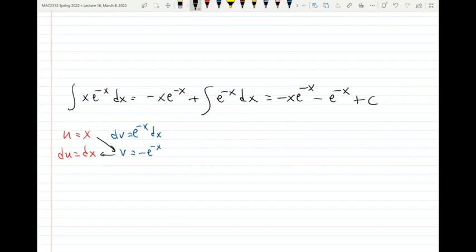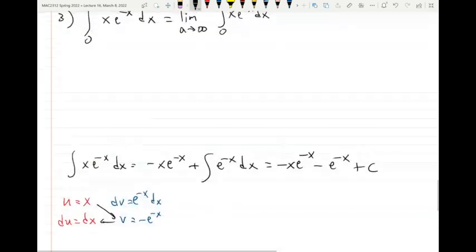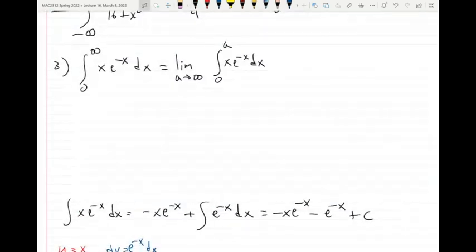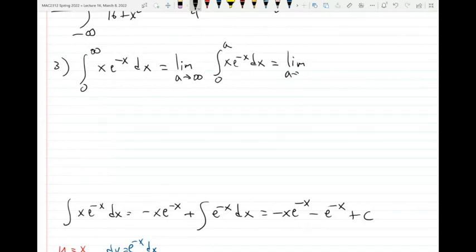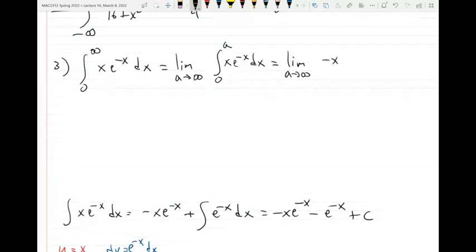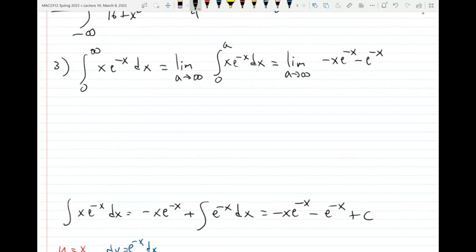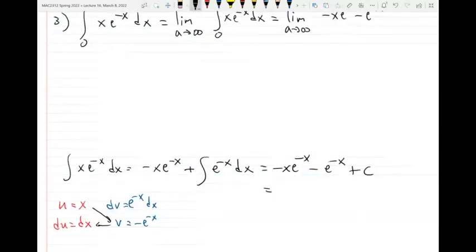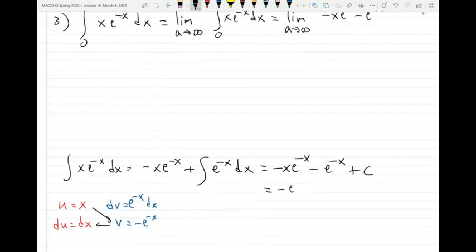Okay, so as an antiderivative, let's go ahead and plug it in here. So this is equal to the limit as a approaches infinity of negative x e to negative x minus e to the negative x. I mean, if you want, you can rewrite this as negative e to negative x times 1 plus x.